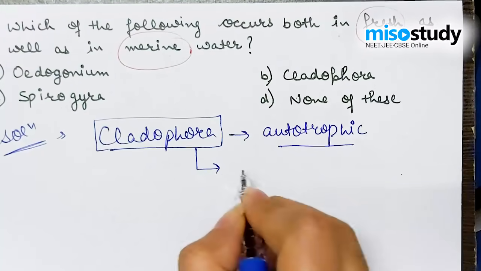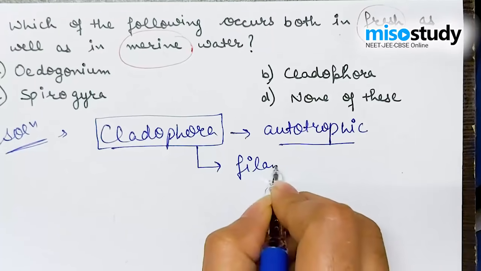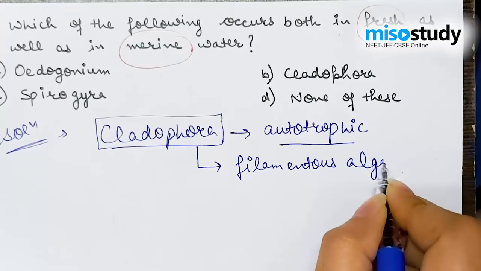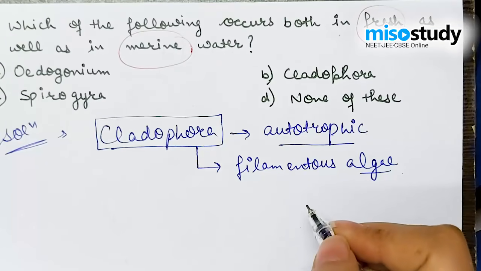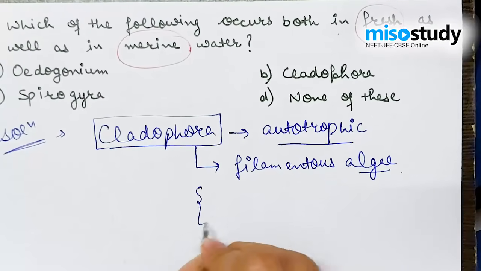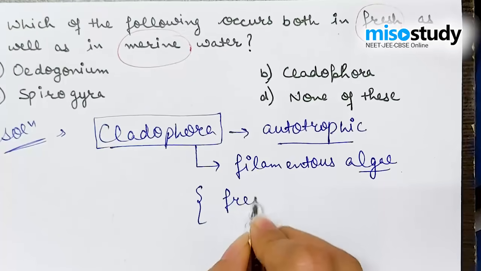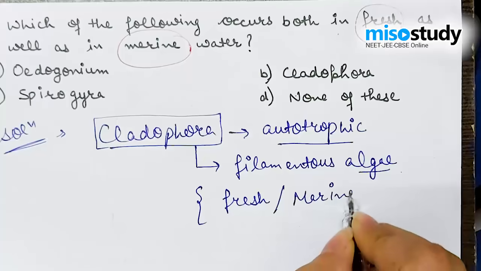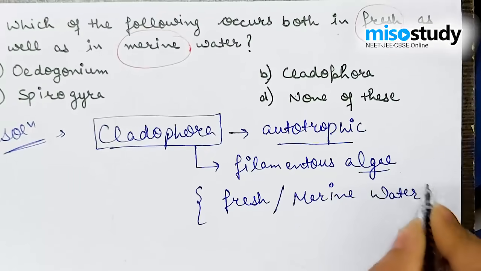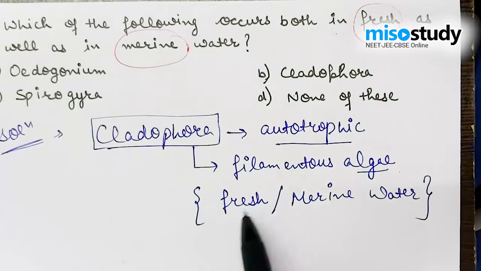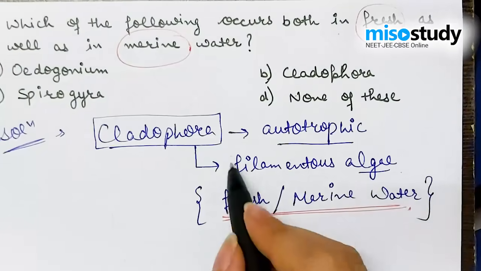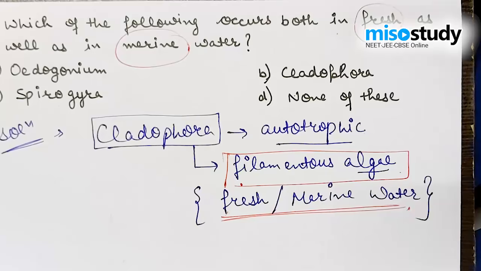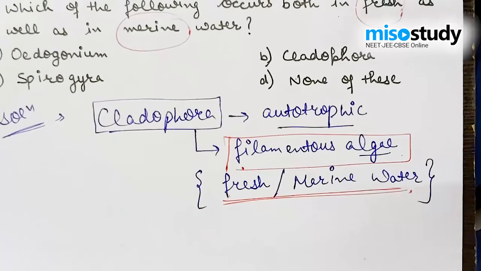Apart from that, they are filamentous algae that will occur both in fresh and marine water. Point to underline: they are filamentous algae and they can occur both in fresh and marine water.